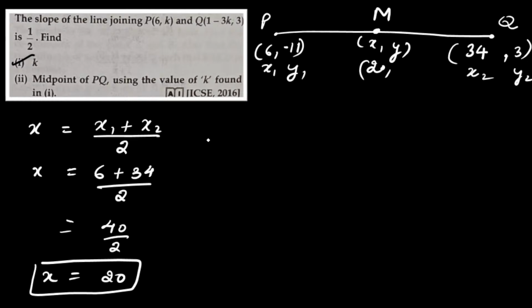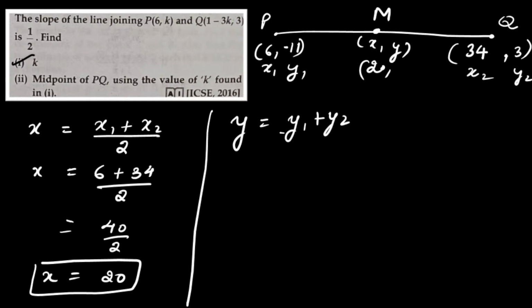You have found the same value. Okay, so y is equal to y1 plus y2 divided by 2. So y1's value is minus 11 plus y2's value is 3. Minus 11 plus 3 divided by 2. So plus minus is minus, 11 minus 3 is 8, but the sign of the greater number, so with 11 the minus sign is there.